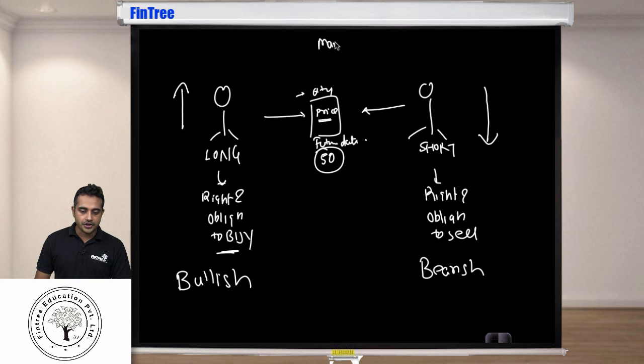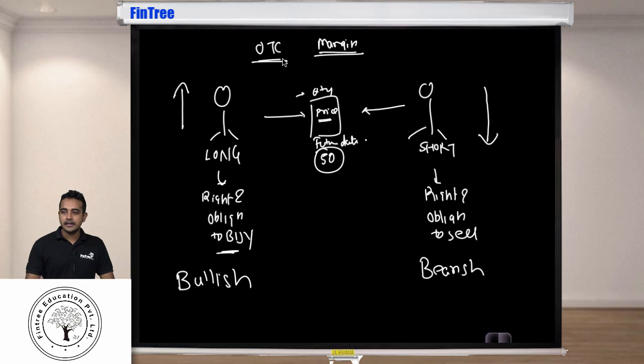Now, is there any margin involved in forward contracts? Typically no. Why? Because it is an OTC contract. However, post 2008, with the regulations in the US market, the Dodd-Frank regulations and all those, today most of the structured OTC products also require margin.